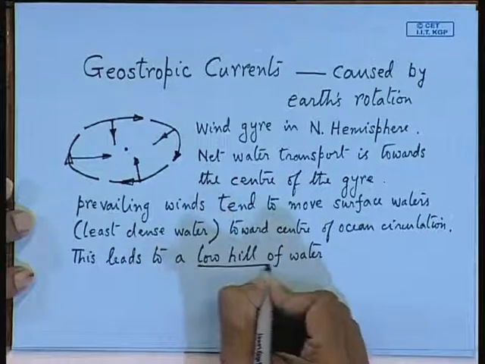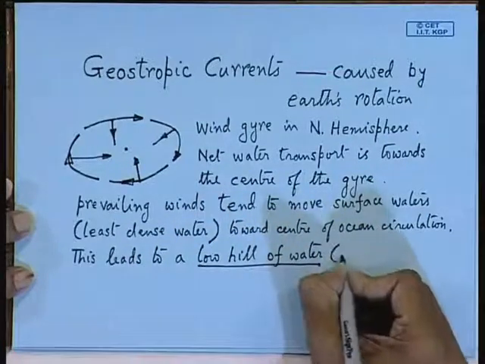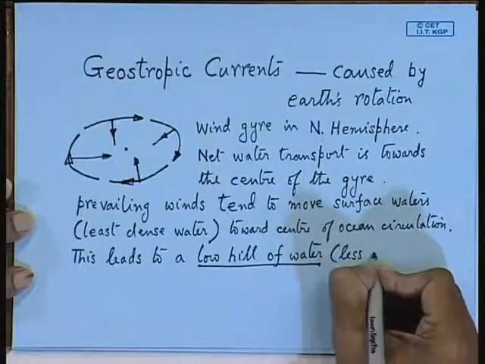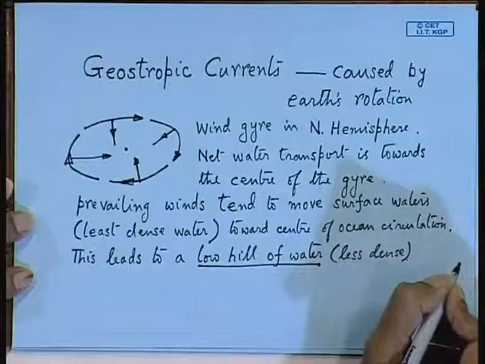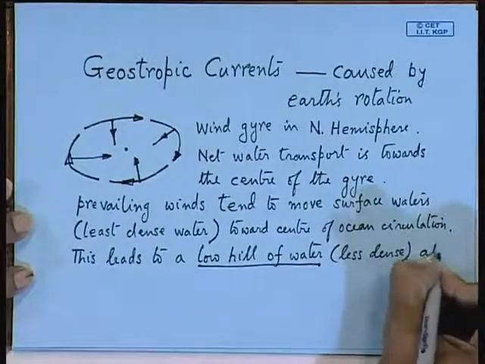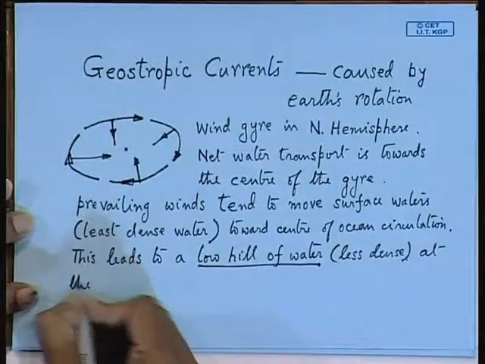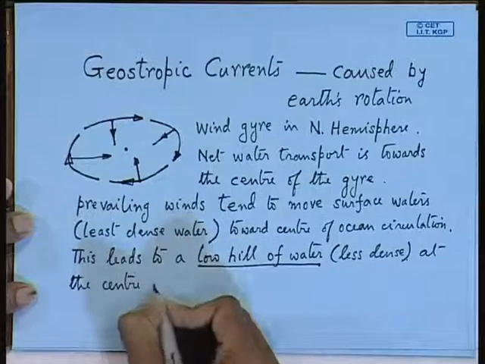So, low hill of water has been created, less dense, at the center of wind gyre.